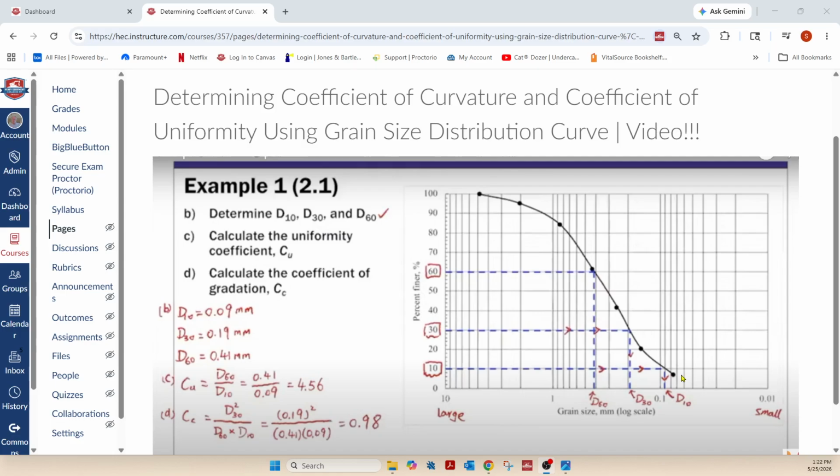If you go on to the next page, you'll see some different particle size distribution curves, and the one that goes from one side to another is gap graded.